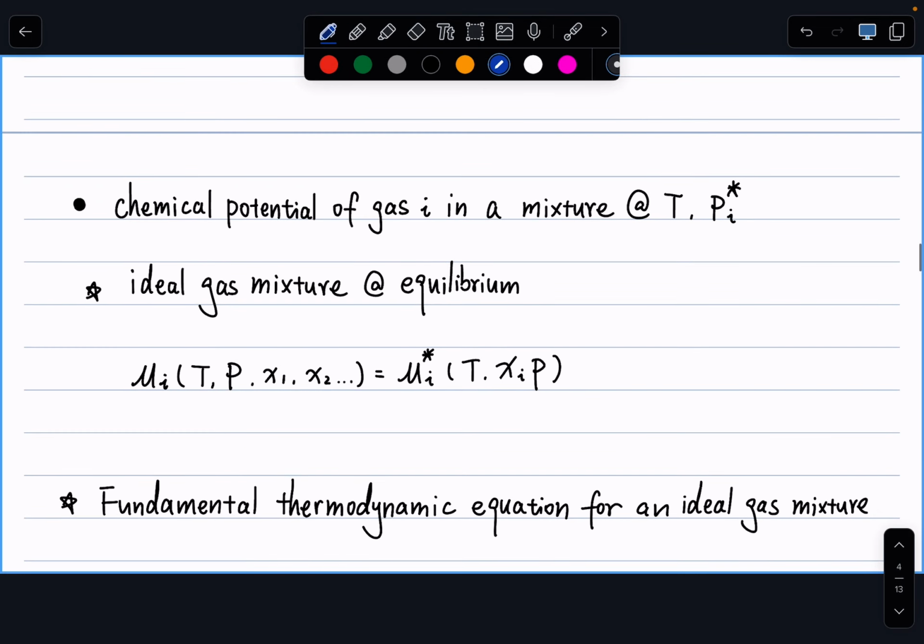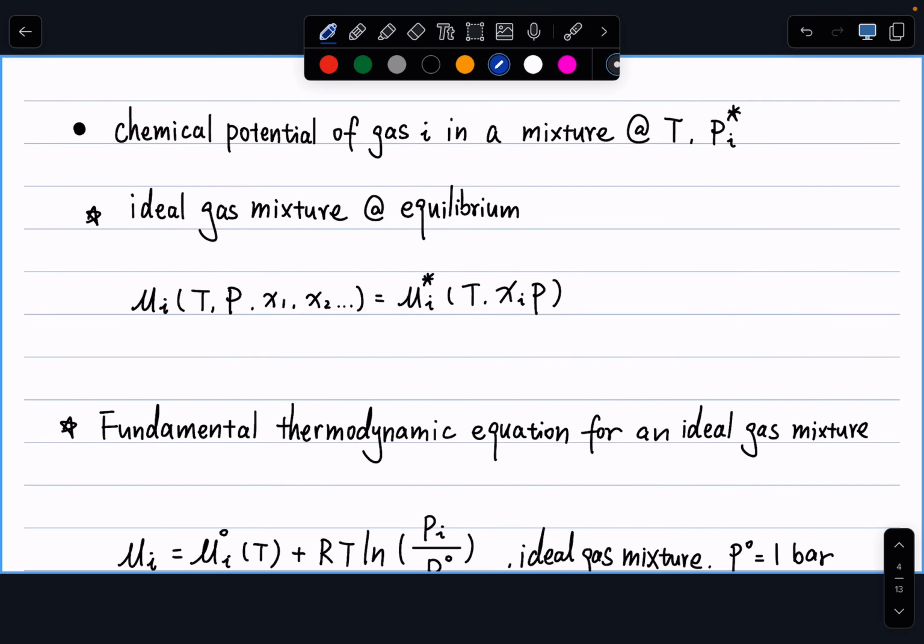Or if I just put it onto what we know, what we're writing is using that chamber to write out this expression, and that equals the chemical potential of the pure substance A with a star, which tells you that's pure, as a function of temperature and the partial pressure. Or I can further simplify it into mu i star of T, P i for an ideal gas mixture.